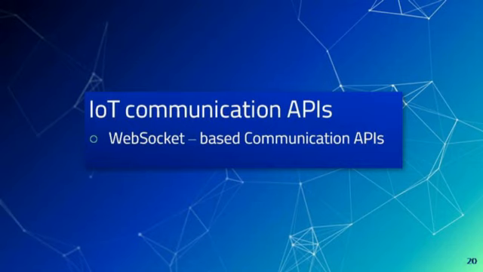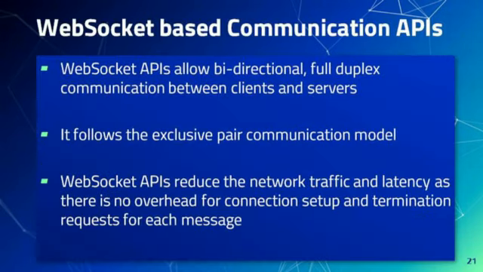In IoT communication APIs, the second topic is WebSocket based communication APIs. WebSocket APIs allow bidirectional, full duplex communication between client and server. It follows the exclusive pair communication model.